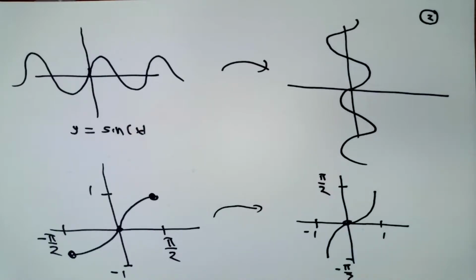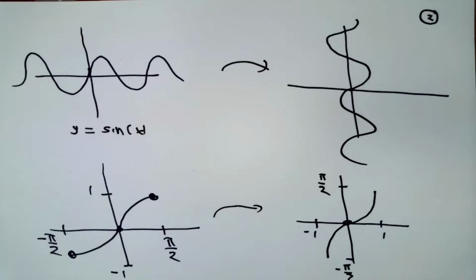Starting at 0 and going to the right, the sine function hits its first maximum at pi over 2. Starting at the origin and traveling to the left, I get to the first minimum at negative pi over 2. If I include any more x values, I will begin seeing function values that I've already encountered.